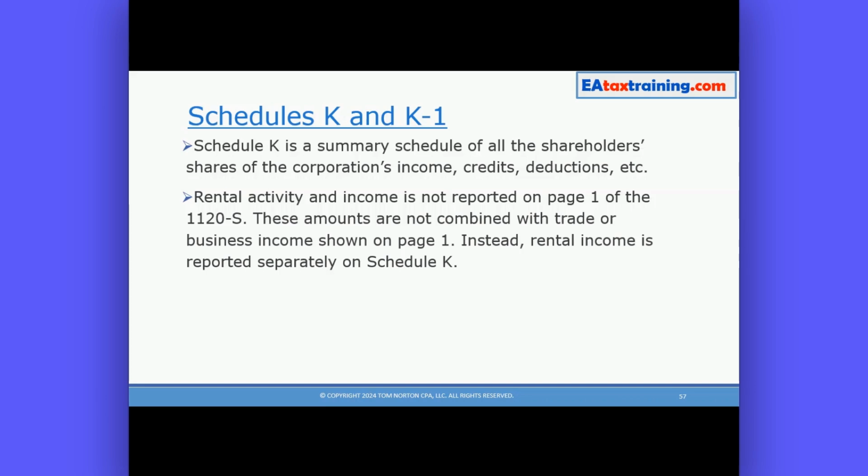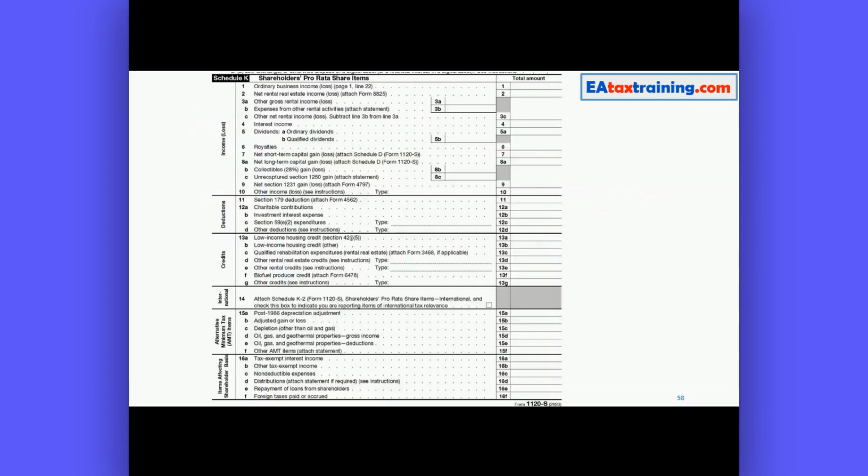So it accumulates all of the different income and expense items of the entire corporation. Rental activity and income is not reported on page 1 of the 1120S. Remember, we saw that, and it's the same thing with partnerships. So these amounts are not combined with trade or business income that is shown on page 1. Instead, rental income is reported separately on Schedule K.